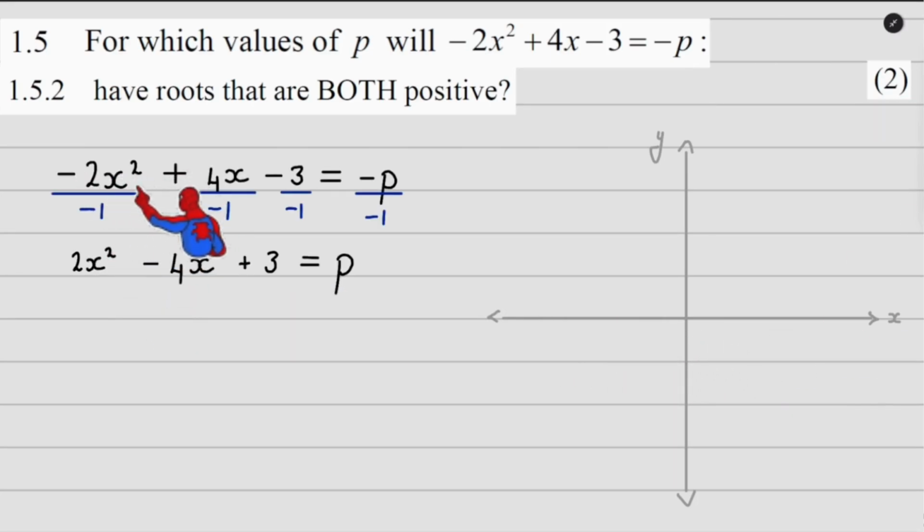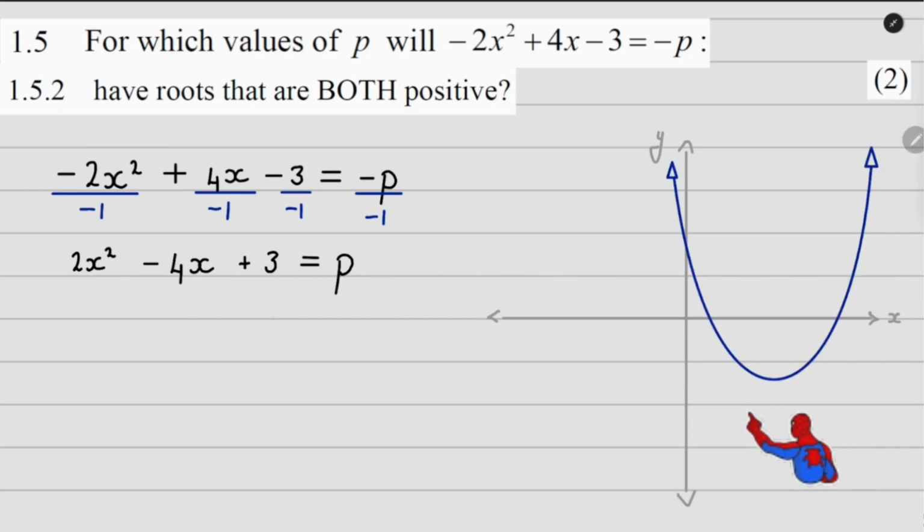So this minus 2x squared became positive 2x squared. The plus 4x became minus 4x, etc. Now, to help you understand this question, I'm going to draw this parabola. Because the number in front of x squared is positive, it's going to be a happy face. And then I'm going to show you around this parabola a little bit.